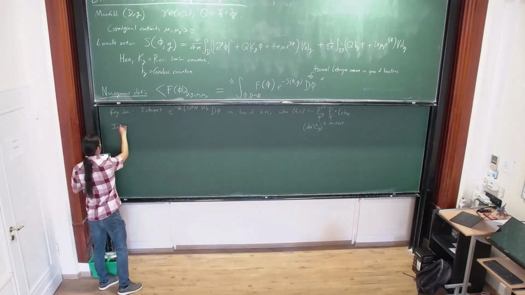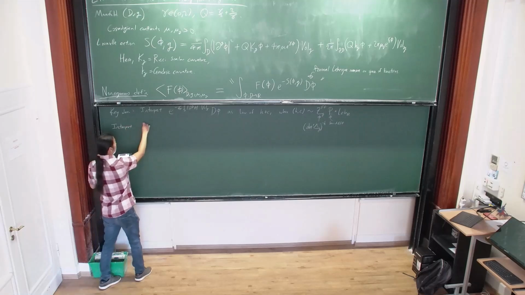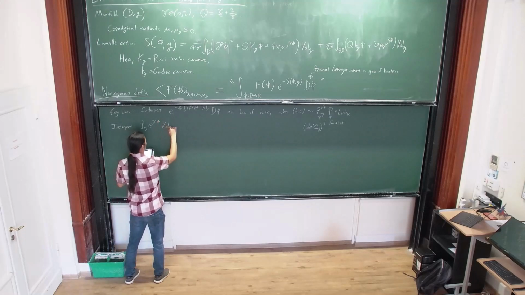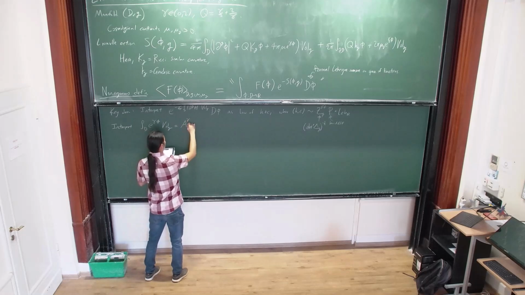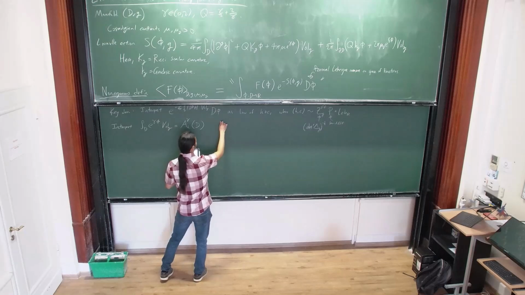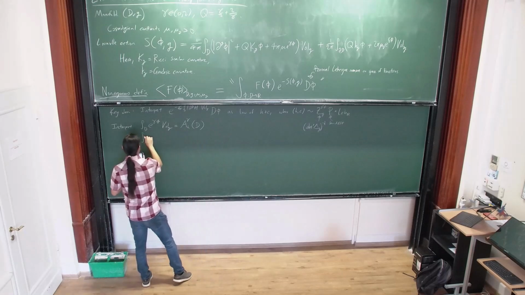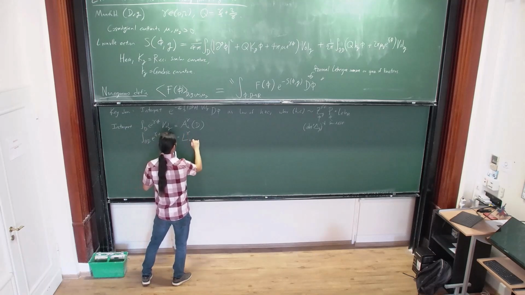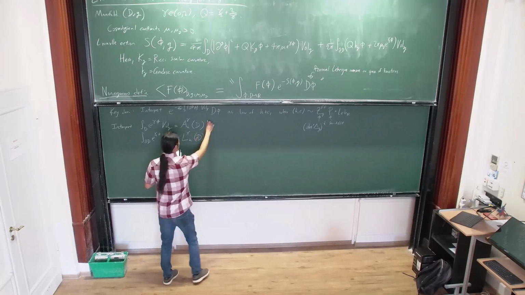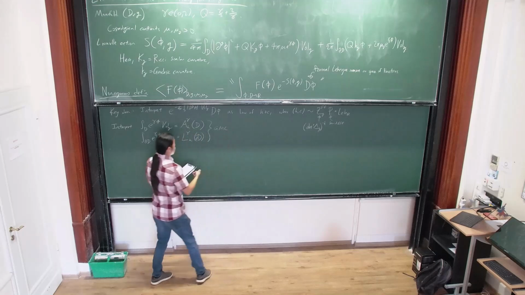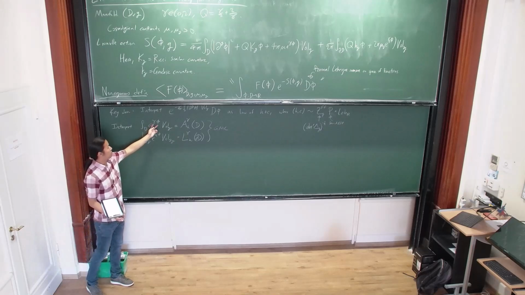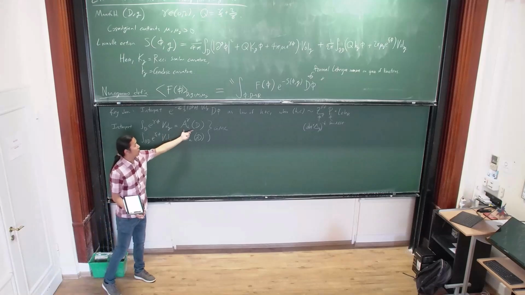Okay, so before that, we identify these integrals of e to the gamma times the free field as this GMC measure that we introduced earlier.